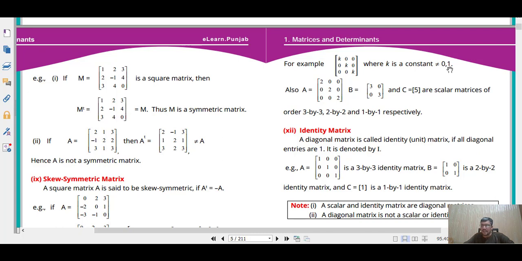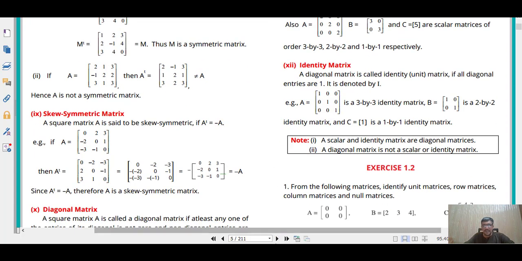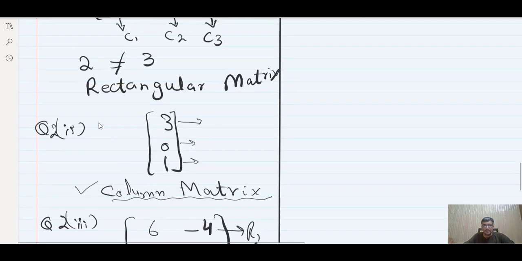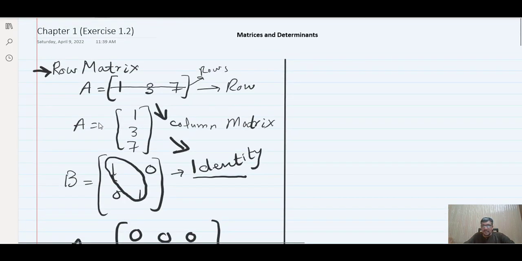If it is equal to 1, then we name it the identity matrix. So it should not be 0 or 1, but any other non-zero value. If all the diagonal values are 2, it will be known as scalar matrix. Here all the diagonal values are 3, it will be known as scalar matrix. So let's see one example which I solve here. We are talking about scalar matrix.